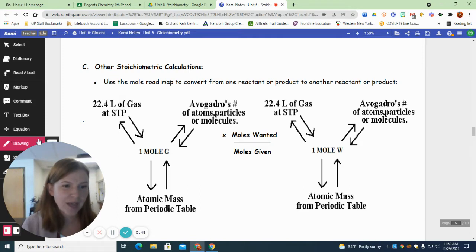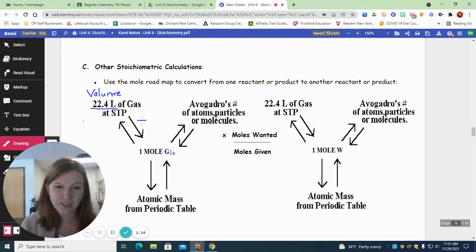So your first step in any of these problems, though, is no matter where you start, you have to get to moles of the given compound. So if you start with volume, like over here on this mole roadmap, your first step would be to divide by 22.4 liters per mole to get to moles of the given.